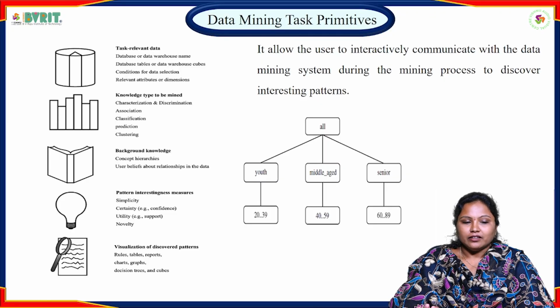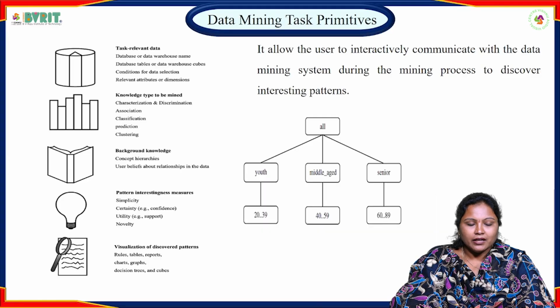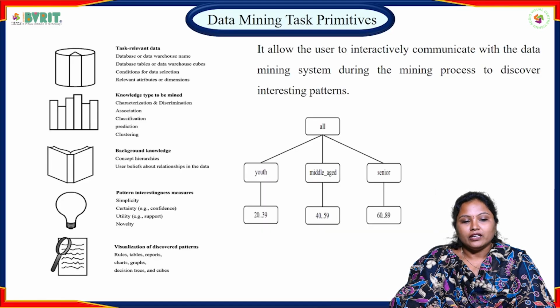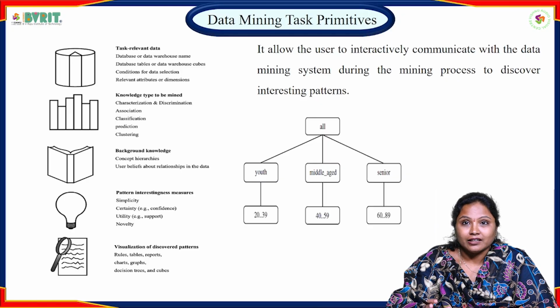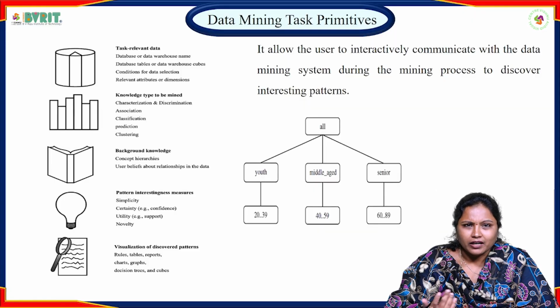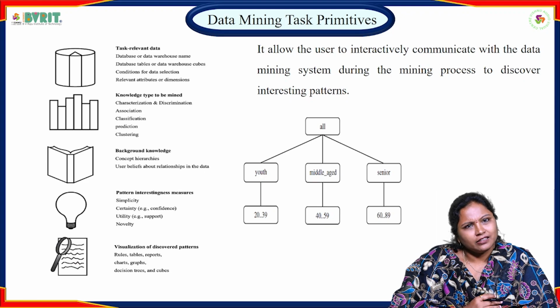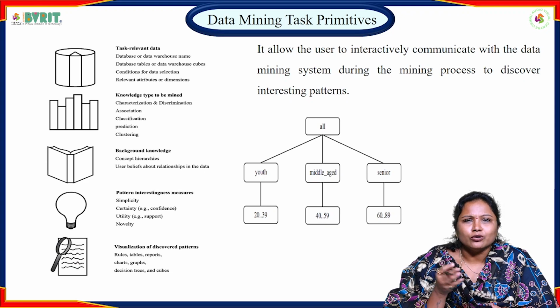The first task primitive is the set of task relevant data to be mined. Whatever data we want to mine, we consider the relevant data. For example, when we go to a supermarket, we purchase items according to our requirement.